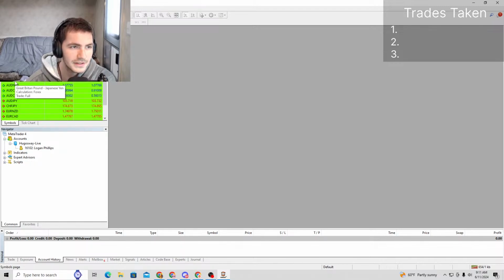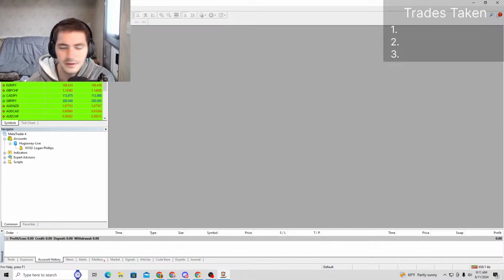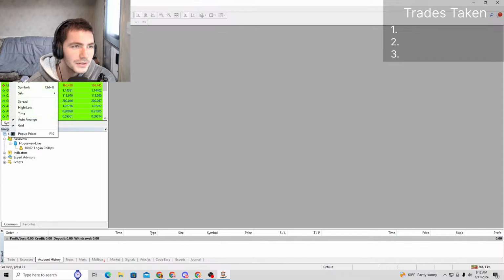So I'm having to reset it up since I re-downloaded it. I thought you already did that on this PC. No, I didn't want to start day trading live again till I started streaming, and I just got lazy. Open the symbols window. How do I open the symbols? You're opened.